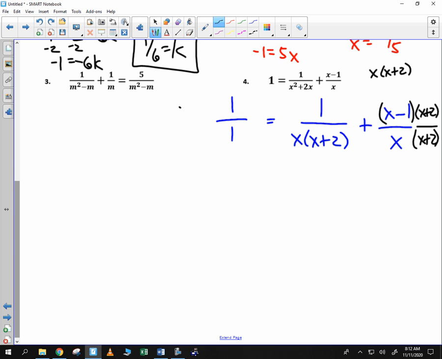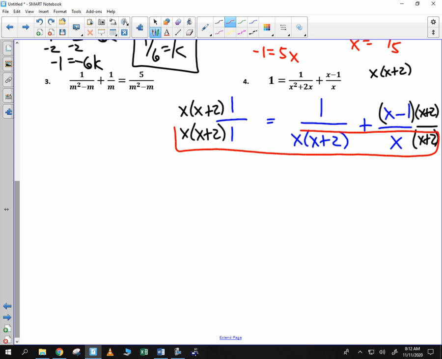And over here, I'm going to multiply top and bottom by x times x plus 2. If you notice now, all the denominators are the same. So we're going to be able to ignore them and focus on the numerator, which is x times x plus 2 is equal to 1 plus x minus 1 times x plus 2.